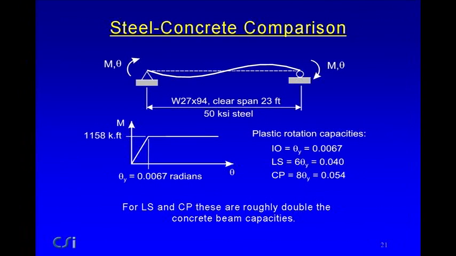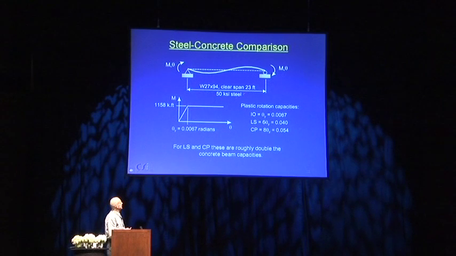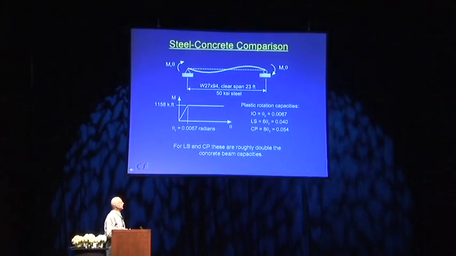Let's compare steel and concrete, and I just took here a W27 by 94. I don't know where I got 23 feet from, but if you look at it from the previous slide, calculate the rotation capacities and compare the steel and concrete. The plastic rotation capacities for a steel member based on ASCE 41 would be, for IO, 0.067.